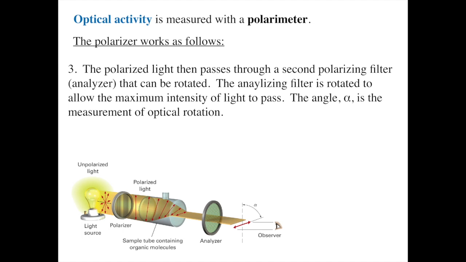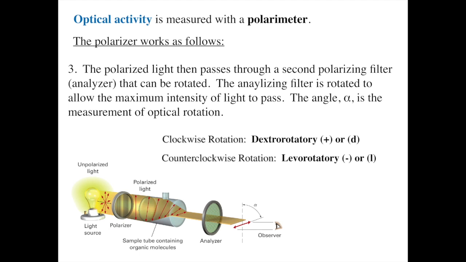If the light is not passing through, you rotate it until it becomes as bright as it possibly can. This angle, alpha, is the measurement of optical rotation. If you have to rotate clockwise, it is called dextrorotatory. It's symbolized with a plus or a D. If you have to rotate counterclockwise, it's levorotatory, negative or an L.